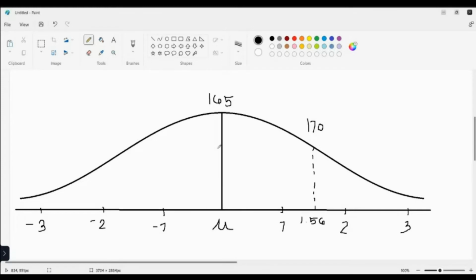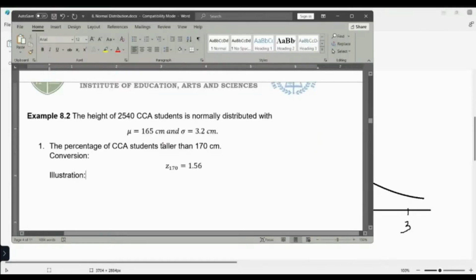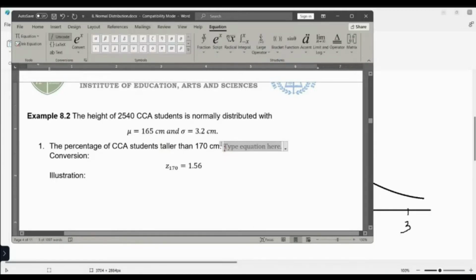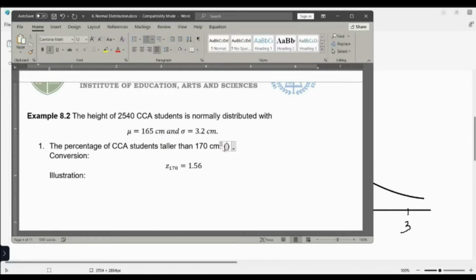This time, we'll decide which side of 1.56 or 170 we are going to shade. Take note, we are looking for taller than 170 centimeters. Therefore, we are looking for the percentage of CSA students whose height is taller. Take note, taller than is greater than.